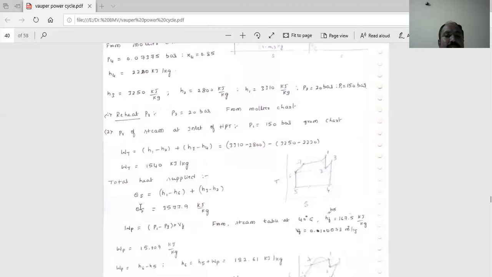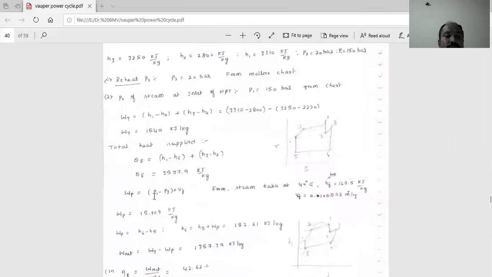Then heat supplied, as reheat takes place here, is H1 minus H6 plus H3 minus H2, which is equal to 3577.9 kilojoules per kg. Then WP is equal to P1 minus P3 into vf, we can calculate that WP as 15.109 kilojoules per kg.